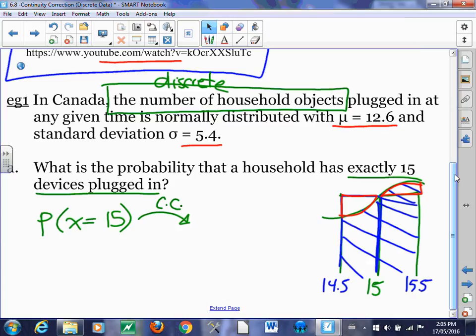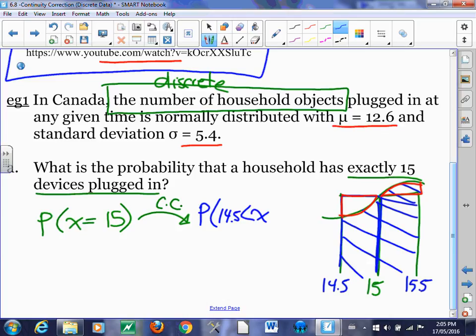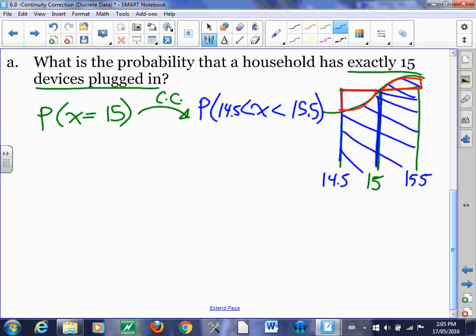All right, so the continuity correction tells us that instead of doing the probability of x equaling 15, our probability has got to be when x is between 14.5 and 15.5, okay? And then, ladies and gentlemen, we revert back to using our z-scores.